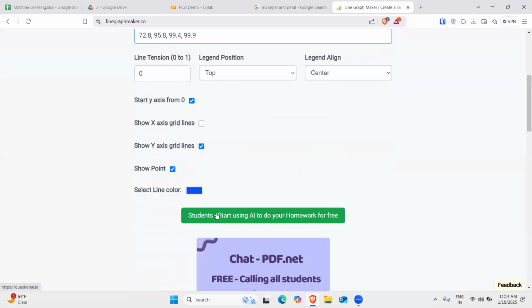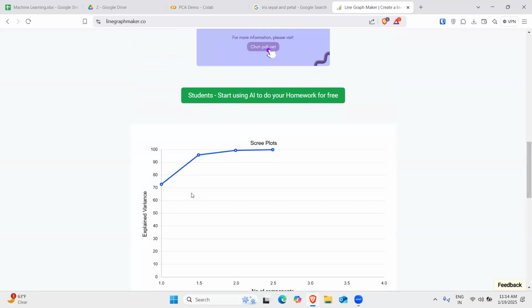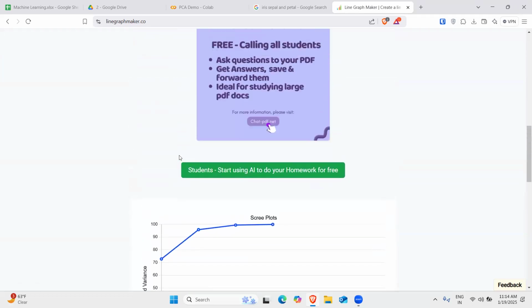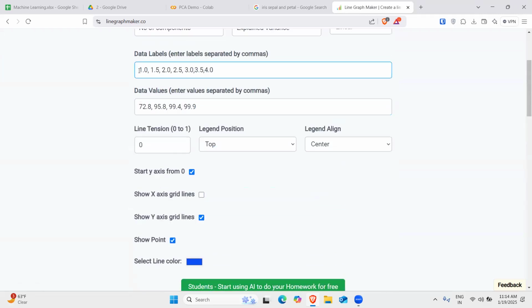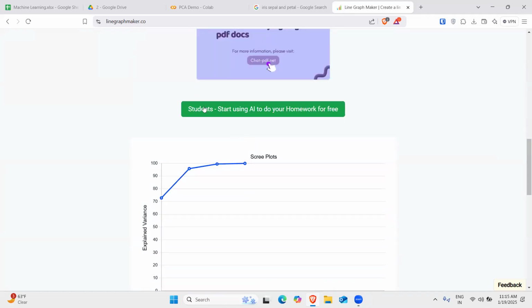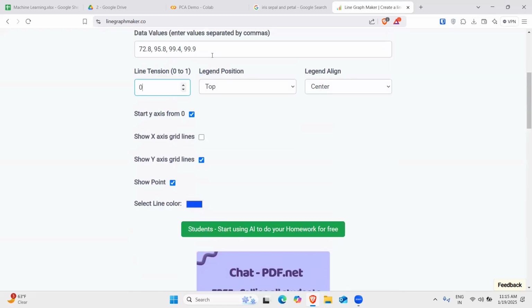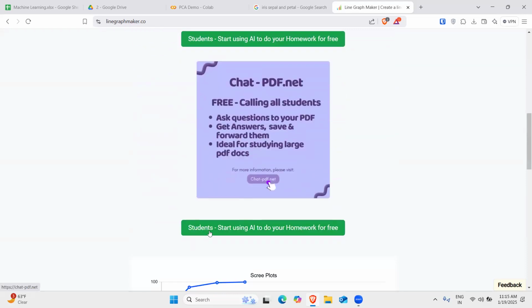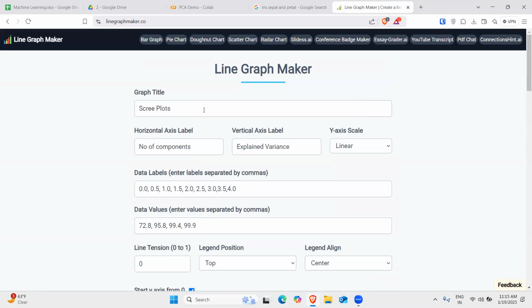And this is my Scree plot, right? 0 is remaining. Let's go with 0.0, 0.5. Why is it not changing?